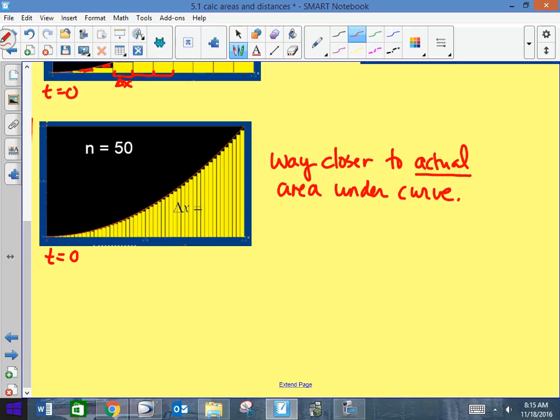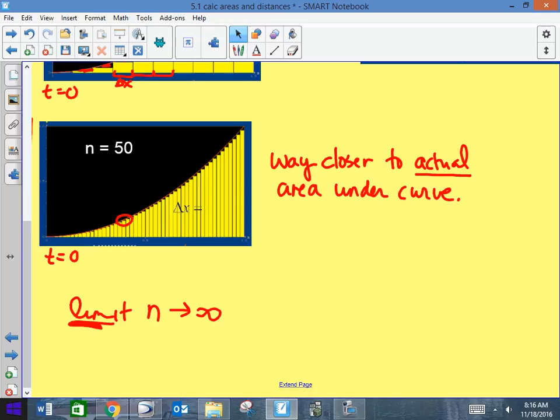Think about those little black spaces. The more you squeeze in there, the less that space is. So that's where we're going with the limit, as n approaches infinity. But don't worry, we won't have to do limits. It's just the whole idea of it. The idea is that as many as we can squeeze in there, there would be no space. And there isn't.